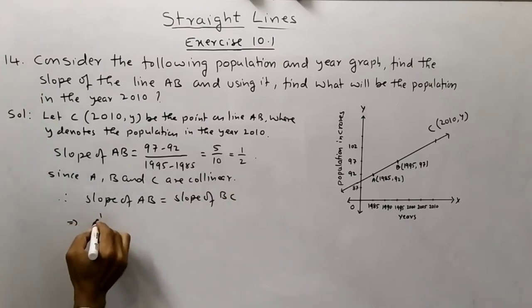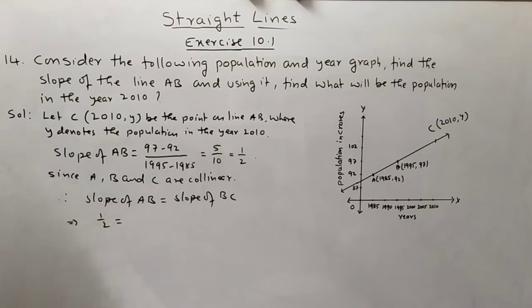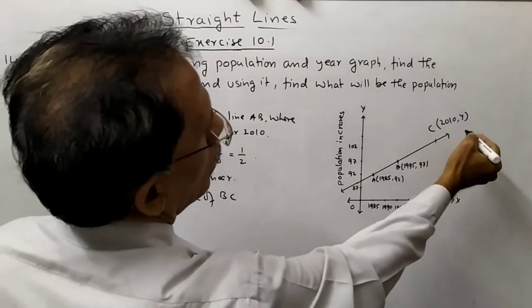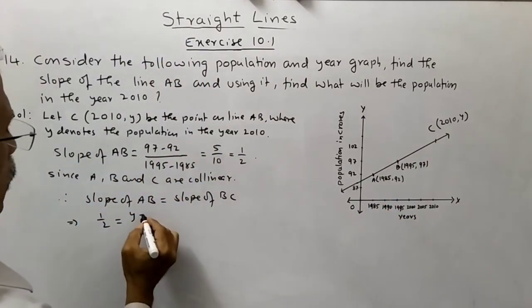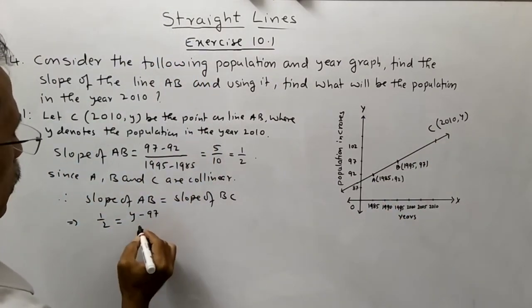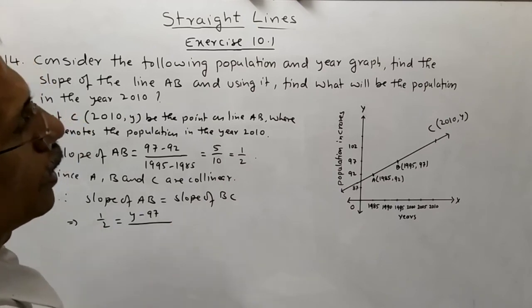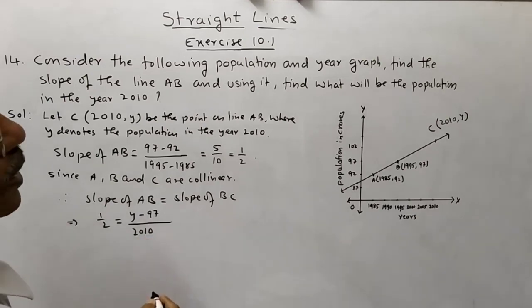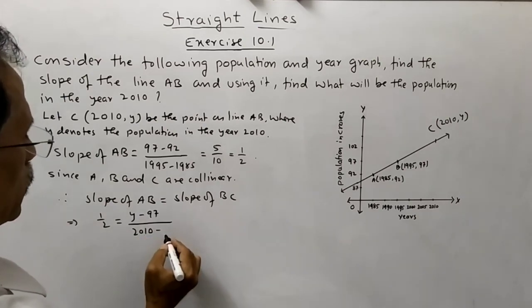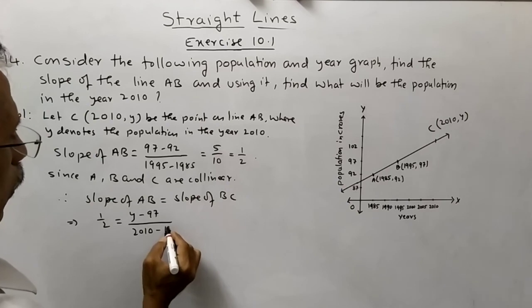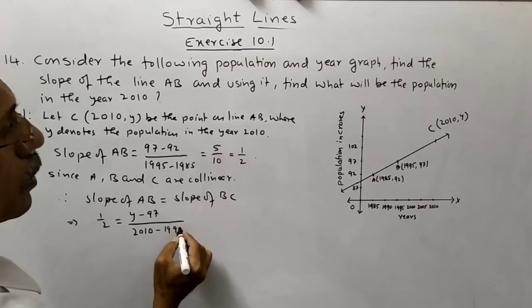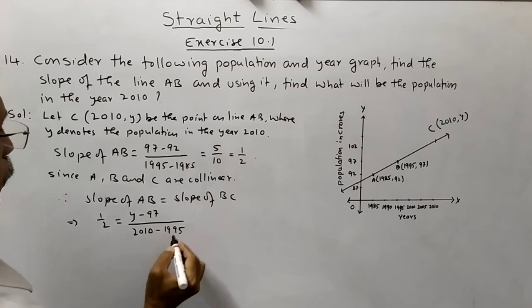This implies 1 by 2 is equal to y minus 97 divided by 2010 minus 1995.